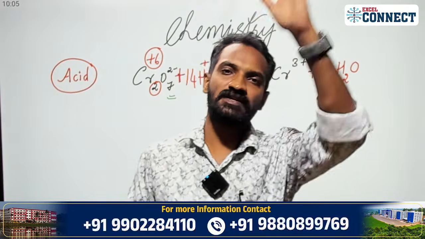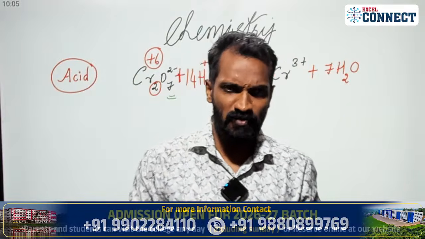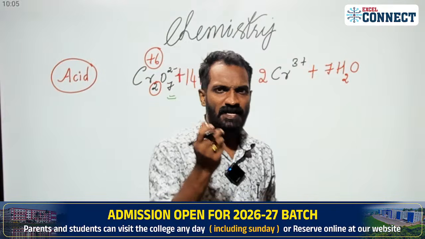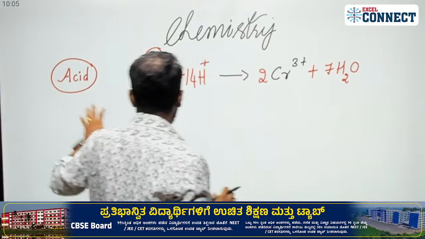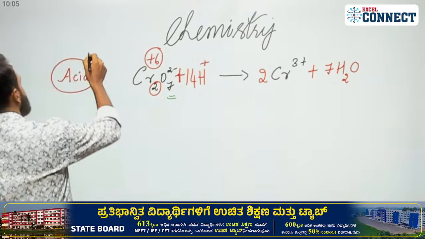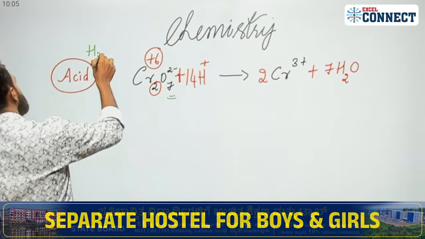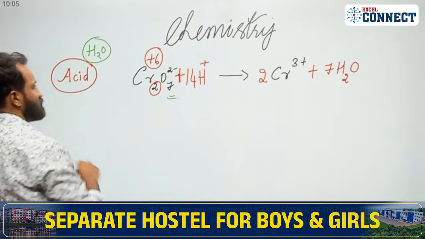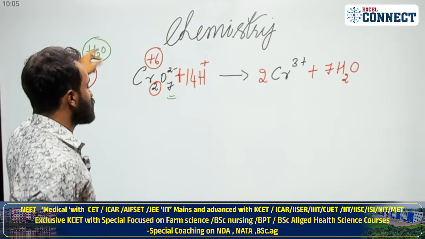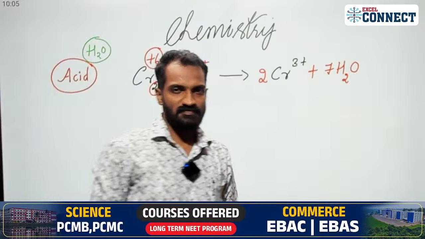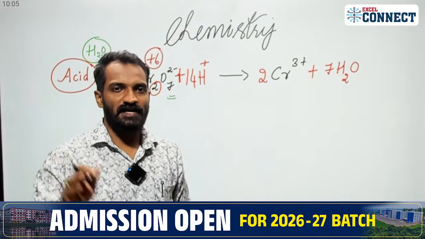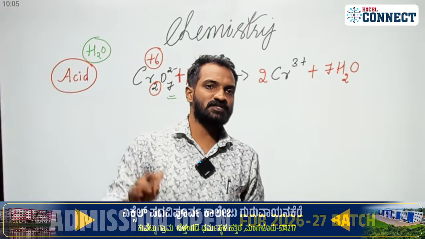That will be taught in upcoming classes, need not worry about that. Right now I am giving an idea. Whenever you balance in acidic media, you have to put water. If there is a shortage of oxygen or hydrogen, you balance with water. That's what I added.